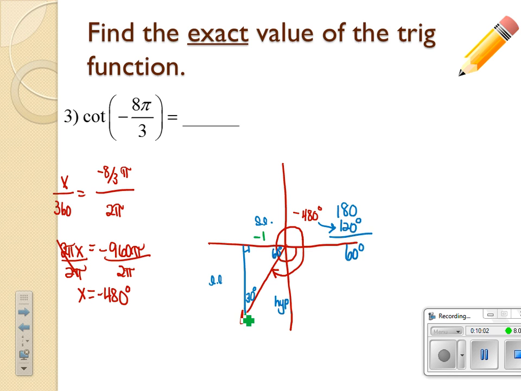So if we're in quadrant 3, this would be negative square roots of 3 again. Okay, got to make sure that our negatives are where our triangle is. Okay, that's what makes the difference. If we use the correct negatives and positives, we can get the right answer. And then the hypotenuse is always double the short leg, so that's 2, and that's always positive because hypotenuse is always positive.